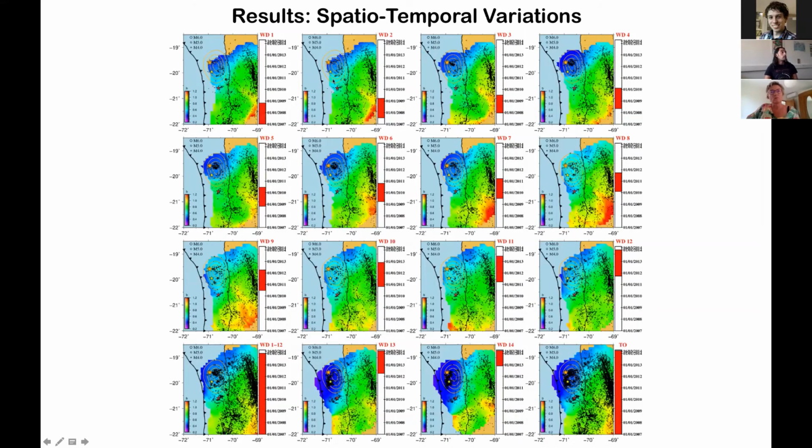Now, I'm sorry that this slide is a bit crowded, but this is just more of the same. Each one of these windows represents a time window during the interseismic period. It's the same color scale for all of the windows, and this is the b-value in the first window between 2007 and 2009. So we see that from the beginning, we are seeing all the time this area of low b-value here in the northern part.